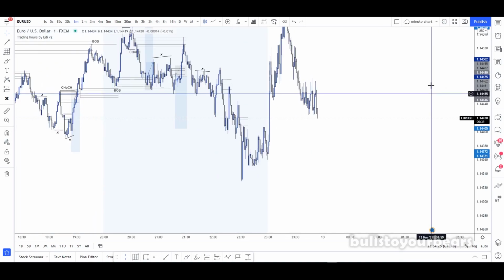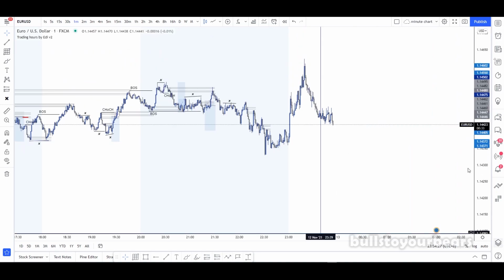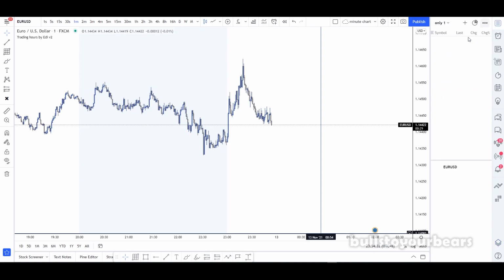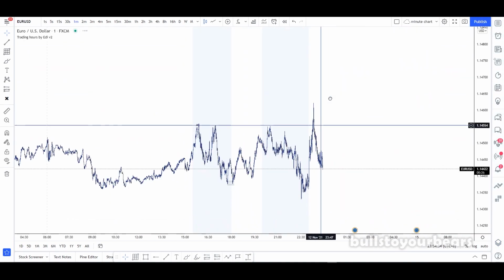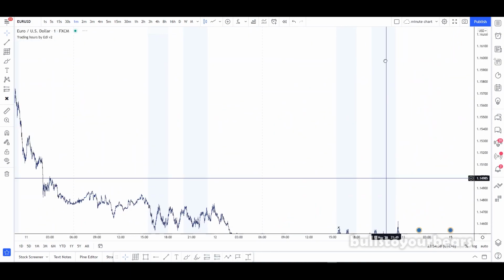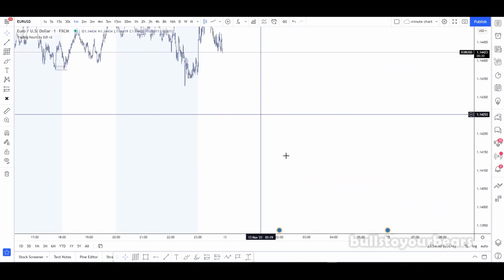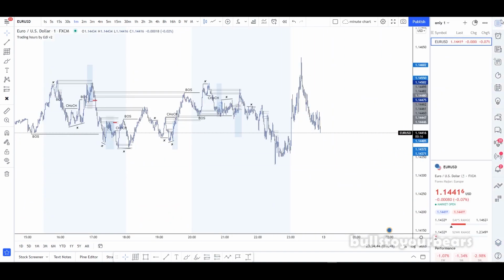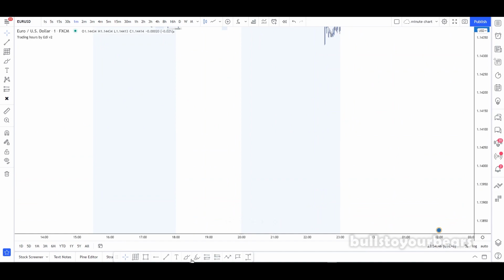Mitigation, order flow. To keep it simple, I'm just going to close all of this because it makes my PC so laggy. Okay, mitigation and order flow, I'm just going to do a quick sum up.